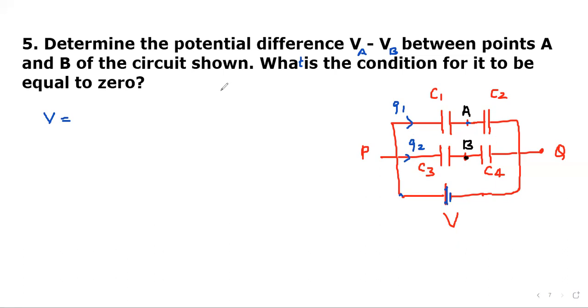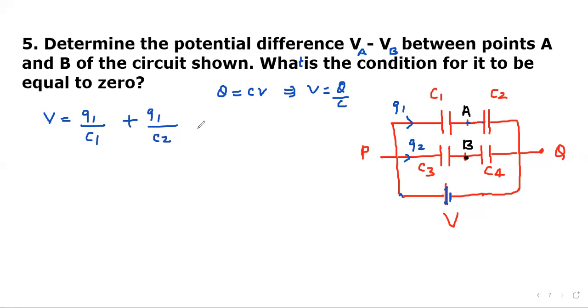So Q equal to CV gives V equal to Q upon C. So we can say Q1 upon C1 plus Q1, the same charge will flow in this also, so Q1 upon C2.